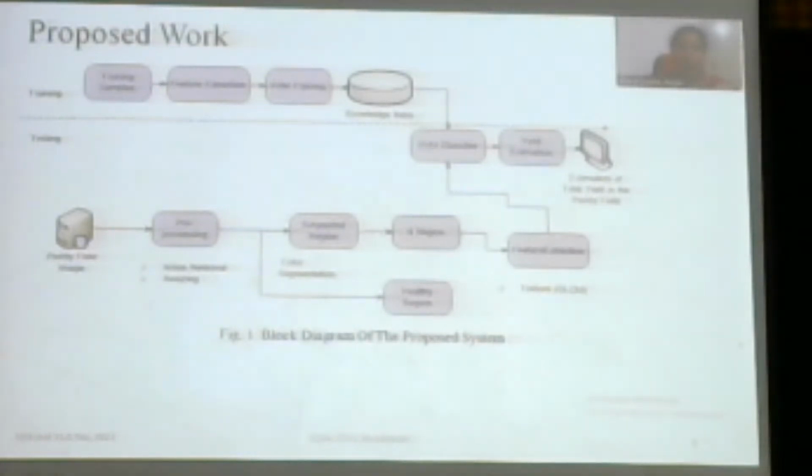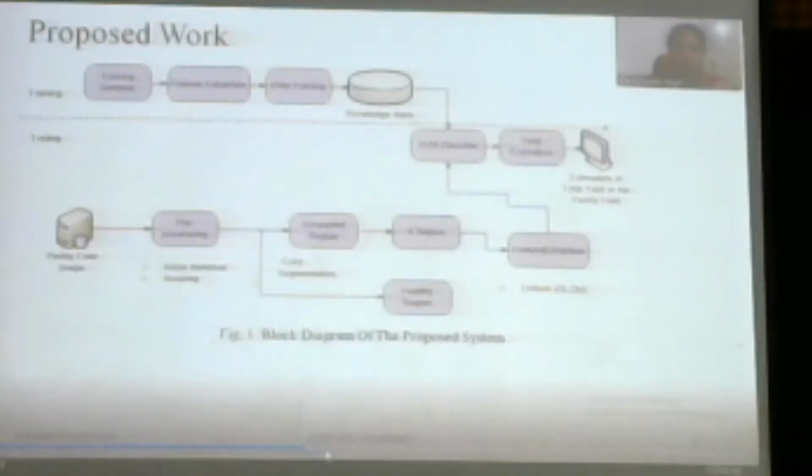In pre-processing, noise removal and resizing are done using the median filter. After performing the pre-processing, that is removing the noise and resizing, the image is processed and the unwanted region is removed.